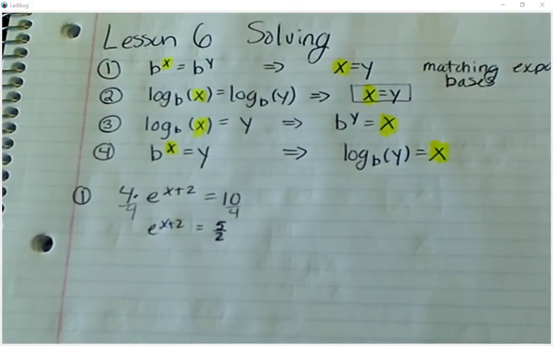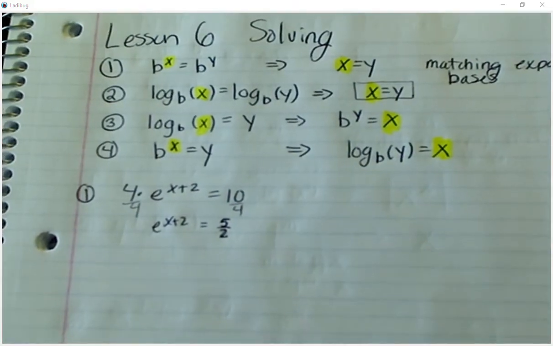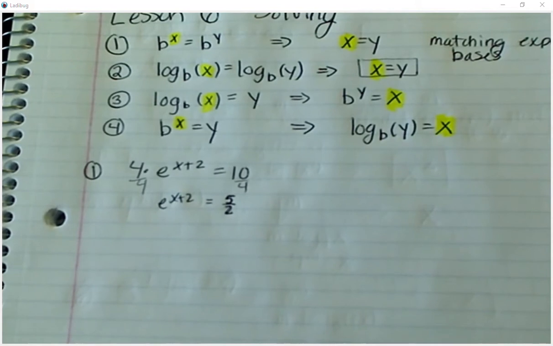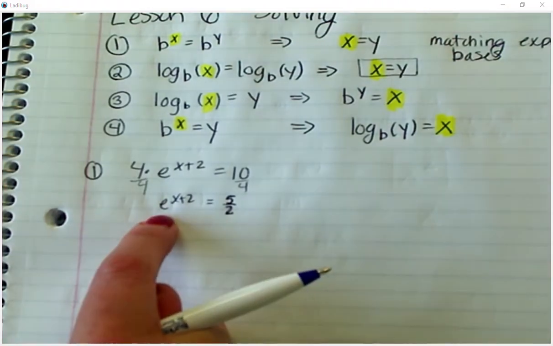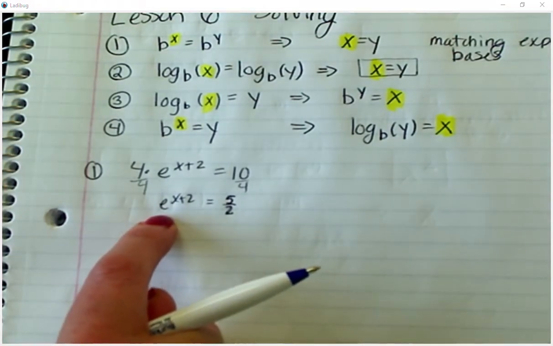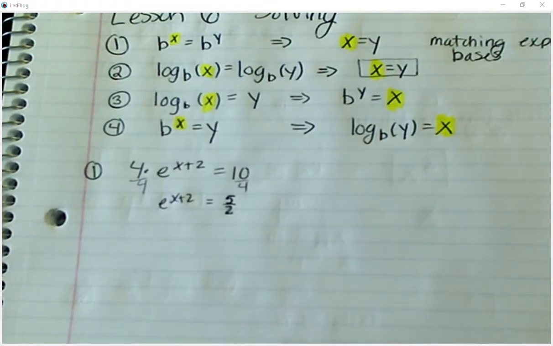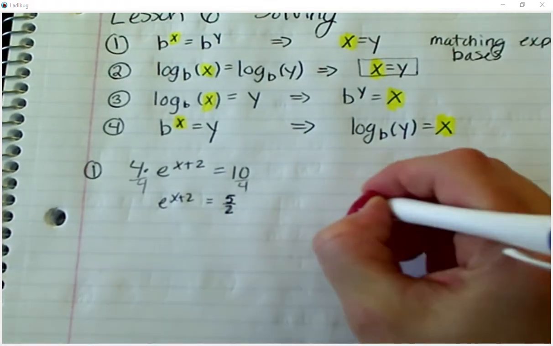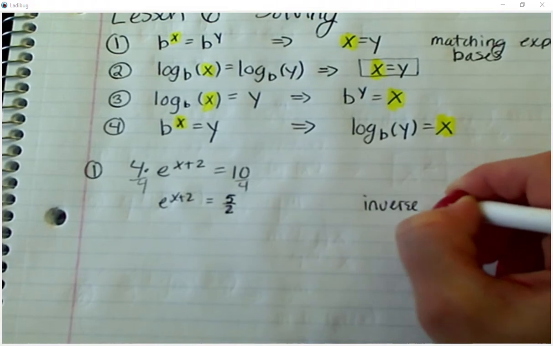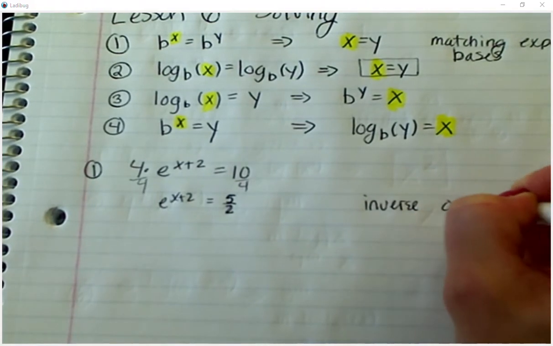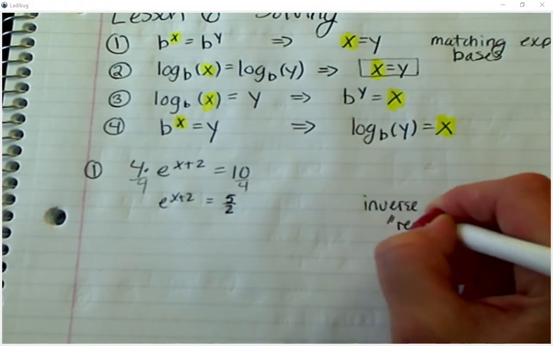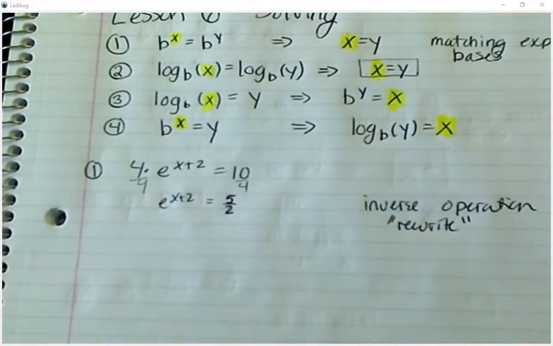Okay. And I'm actually going to introduce to you something to help with the rewriting. It's called logging both sides of the equation. It's kind of like dividing, except you can't divide e because it's a base. It's not multiplication. So we actually need an inverse operation. And so the inverse operation, so far, we've called it rewriting.